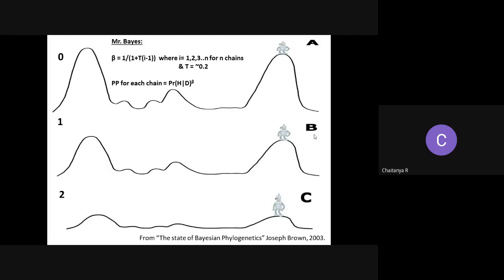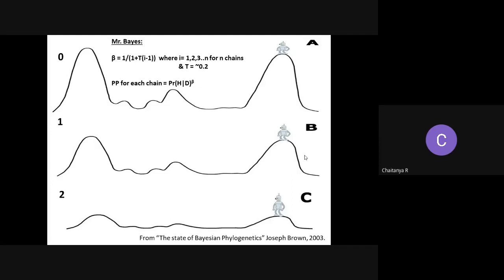So for C, it's easiest to traverse probability space, followed by B, and it is hardest for chain A to traverse probability space because there are some huge downhill steps in this contour, right? I hope everybody understood this.